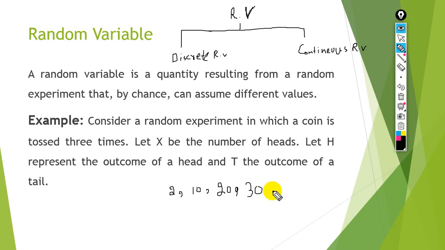So we cannot say that the number of students is equal to 35.632. So it's incorrect. Why we cannot take?